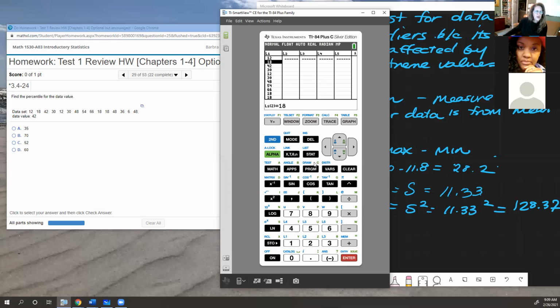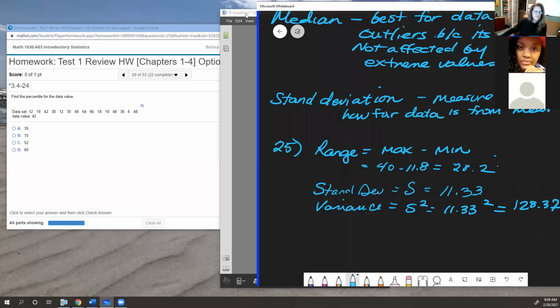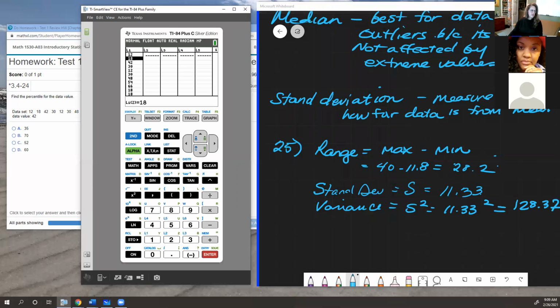Okay, so in order to find the percentile, we need to sort this. Does anybody remember how to sort the data? Yeah, press the stat button, sort, and then the list you want. Right.